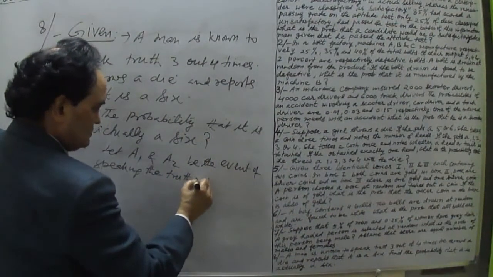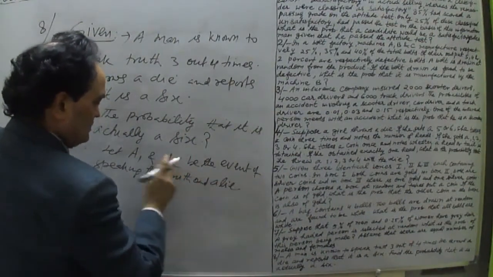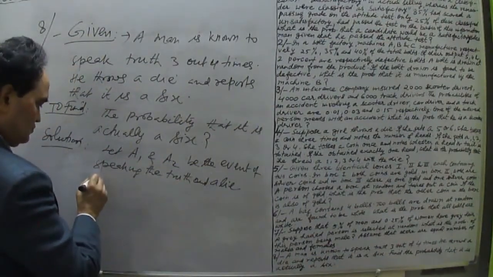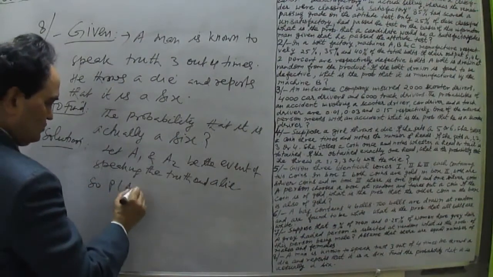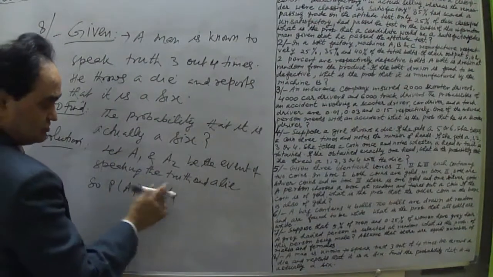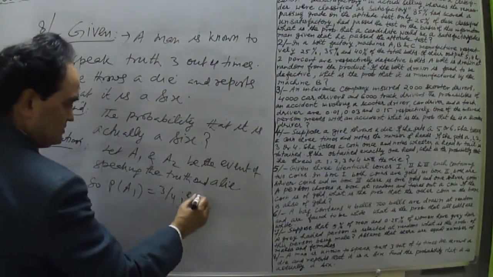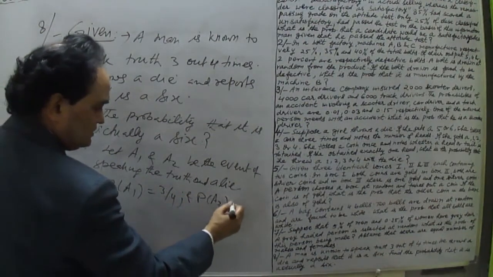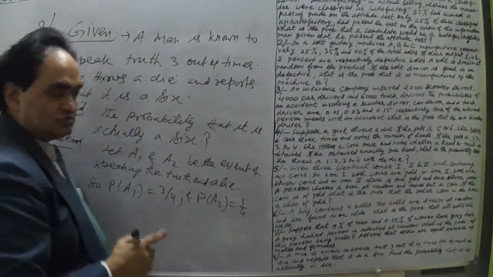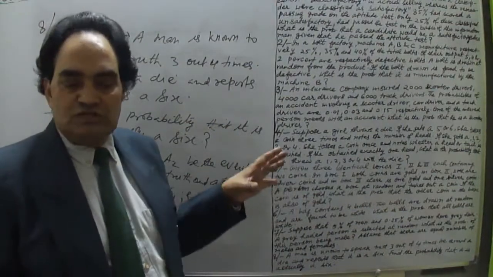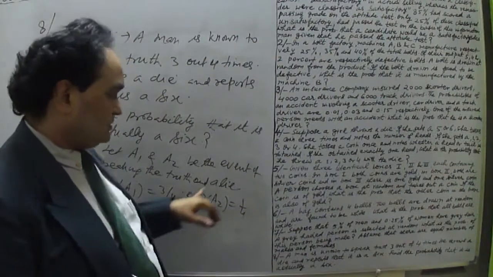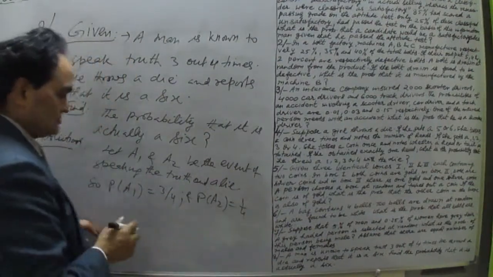That means A2 represents a lie and A1 represents the truth. So the probability of A1, speaking the truth, is 3/4, and the probability of A2, telling a lie, is 1 minus 3/4, that means 1/4. Why is this 1/4? 1 is the total sum of the probabilities.